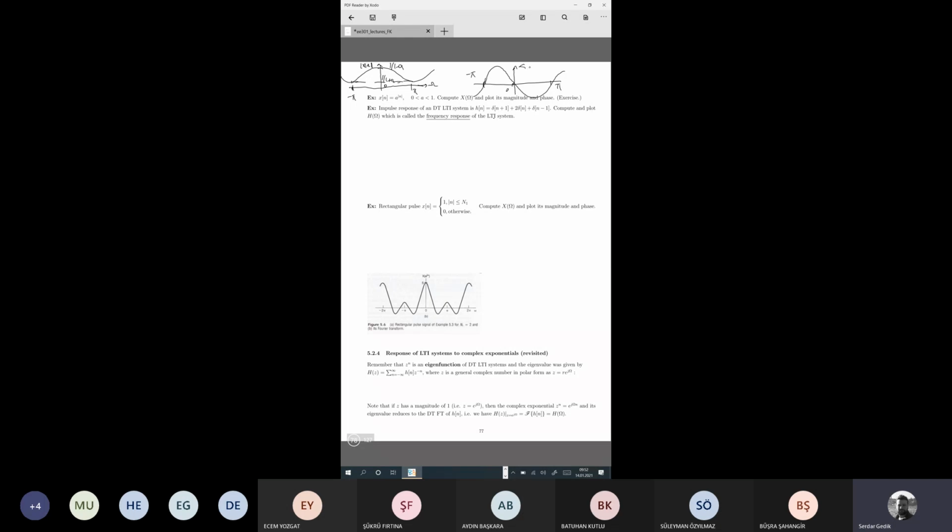This is the angle of x of omega. The peak values are P1 and P2. P1 is the maximum value, tangent inverse of a over the square root of 1 minus a squared, and P2 is minus P1.